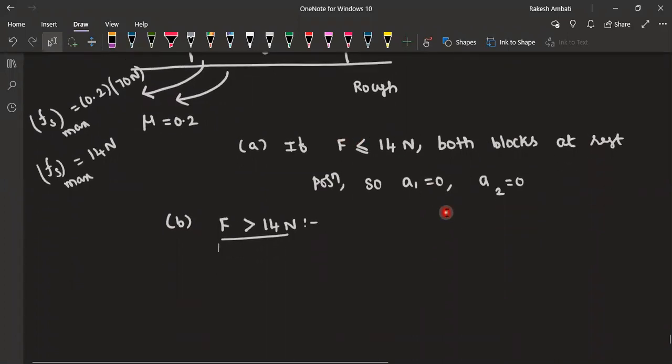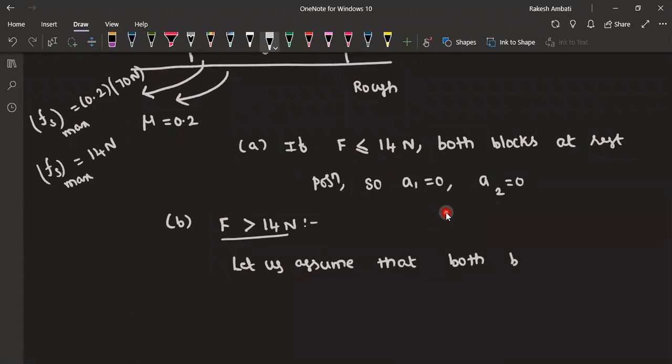So if F is greater than 14 newtons, let us assume that both blocks move together with a common acceleration.